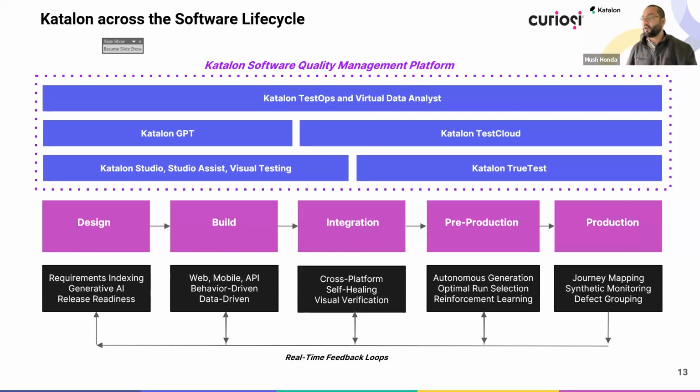I think the key part over here is using all of that and ultimately also looking at it in a consolidated way with reporting. So we've got a lot of capabilities there. We have another beta out right now called the Virtual Data Analyst, which essentially takes all of your observations of executions, defects identified, script failures, and relative time to launch in terms of your release cycles, and gives you a release readiness report.